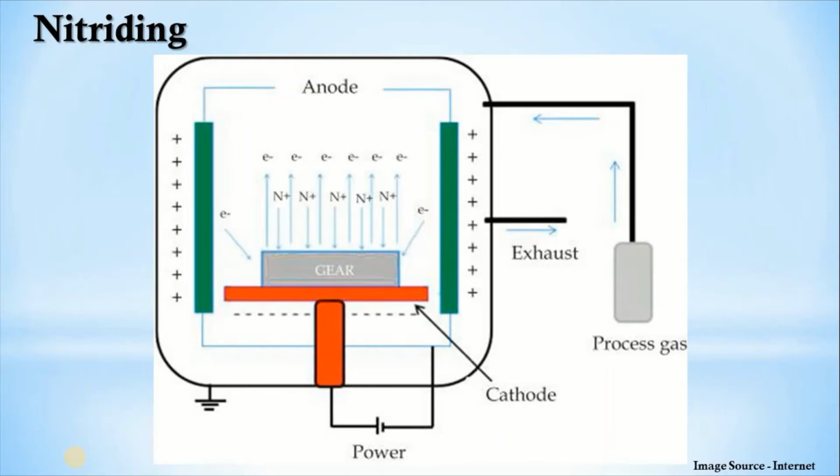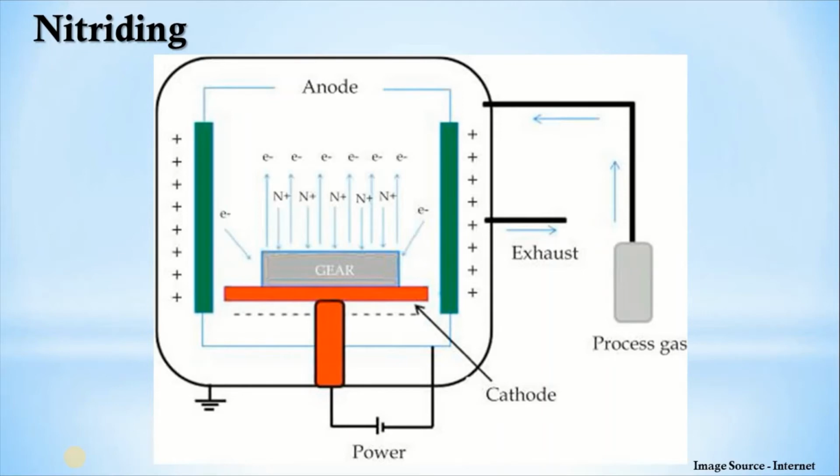Nitriding is a diffusion related surface treatment. You can see in this figure the objective is to increase surface hardness, among other properties, by creating a case on the surface of the part. So it is creating the case by the application of nitrogen to increase the surface hardness.